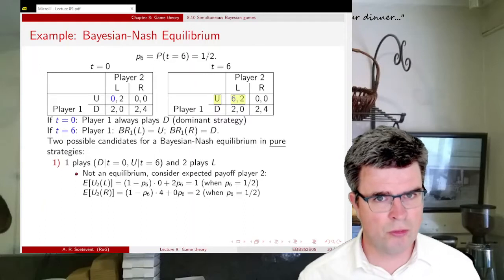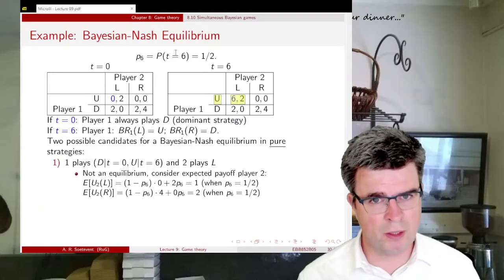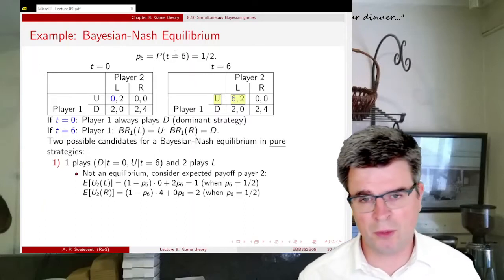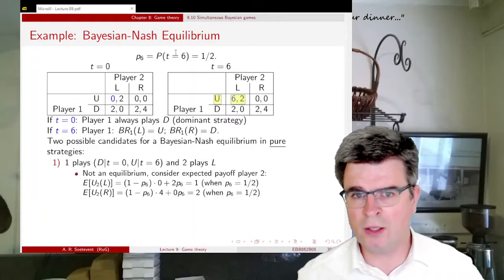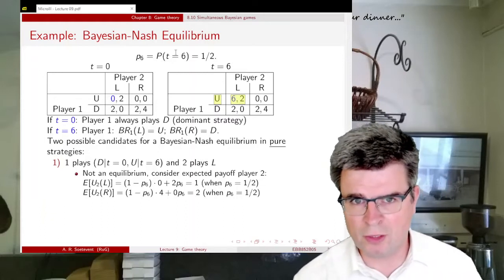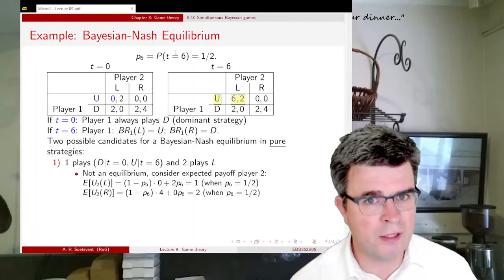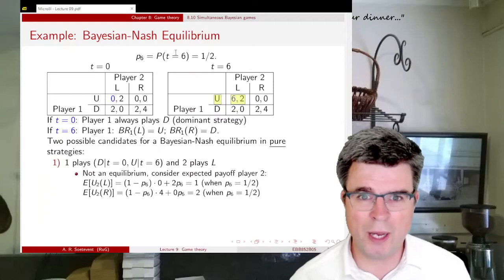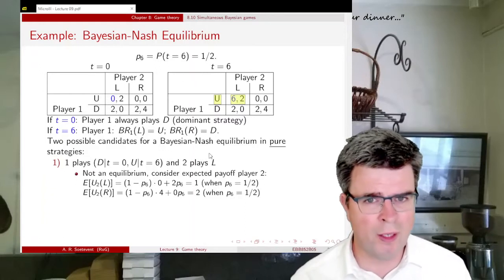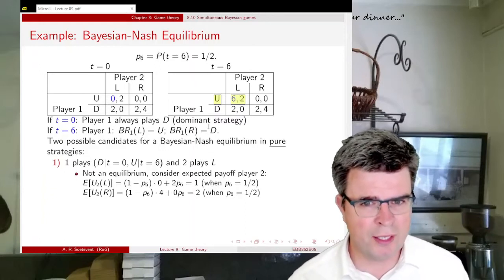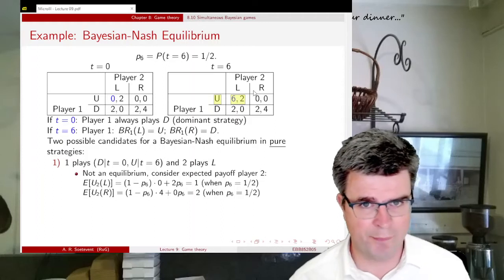So could player 2 do any better? Is this really a Nash equilibrium strategy of player 2, or can he benefit by unilaterally deviating? Now, he has only 2 actions, so if he doesn't play L, the only way that he can deviate is to play right.